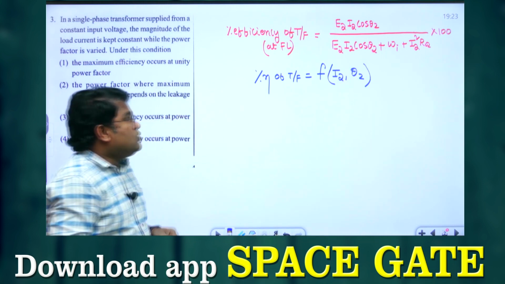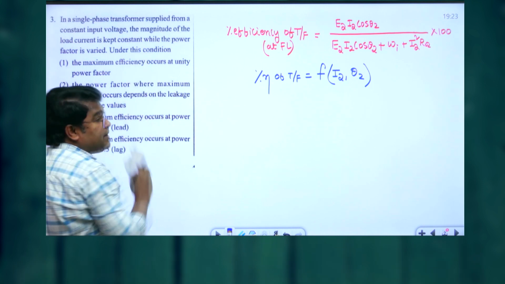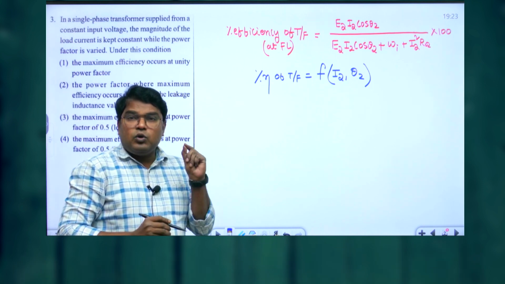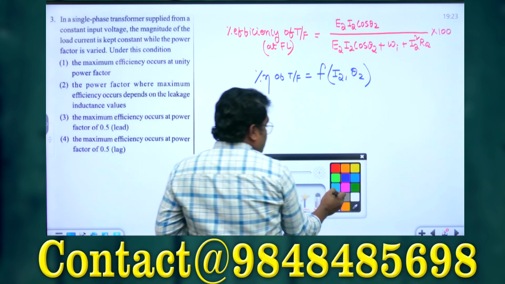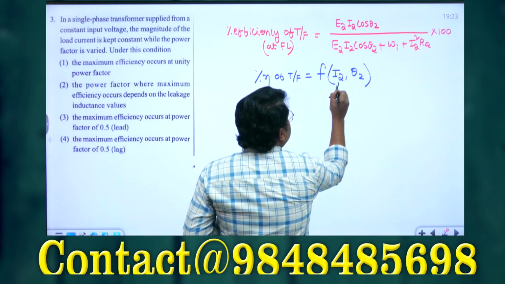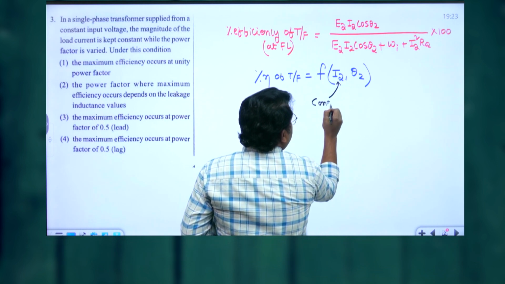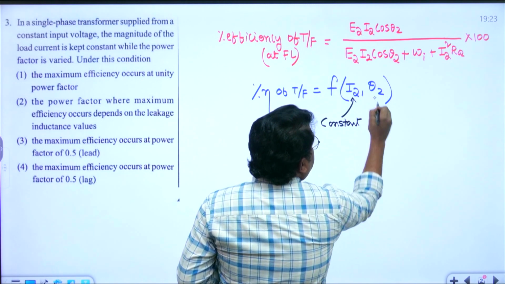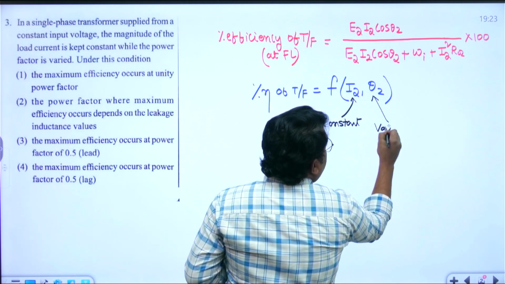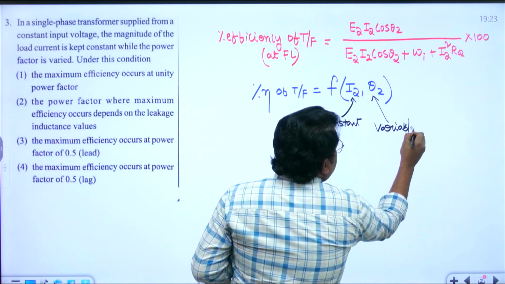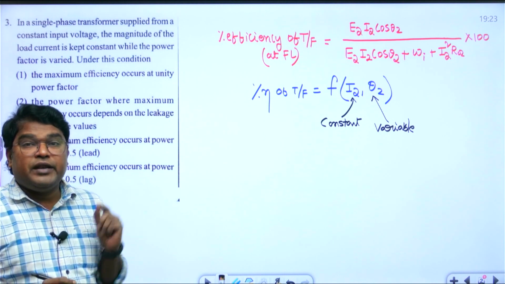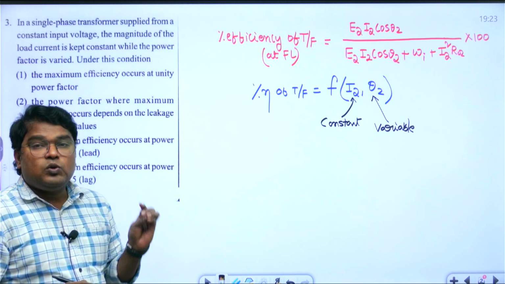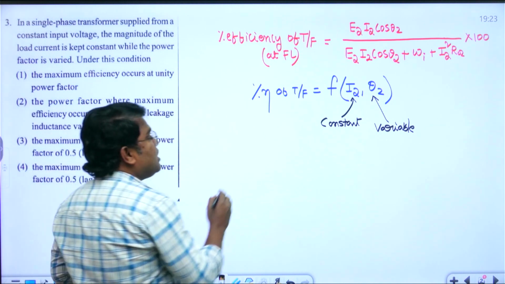In this question it is clearly mentioned that the load current is constant and the power factor is varied. So I2 is a constant value and the power factor is a variable. By keeping the load current constant and varying the power factor, what is the condition to get the maximum efficiency of the transformer?